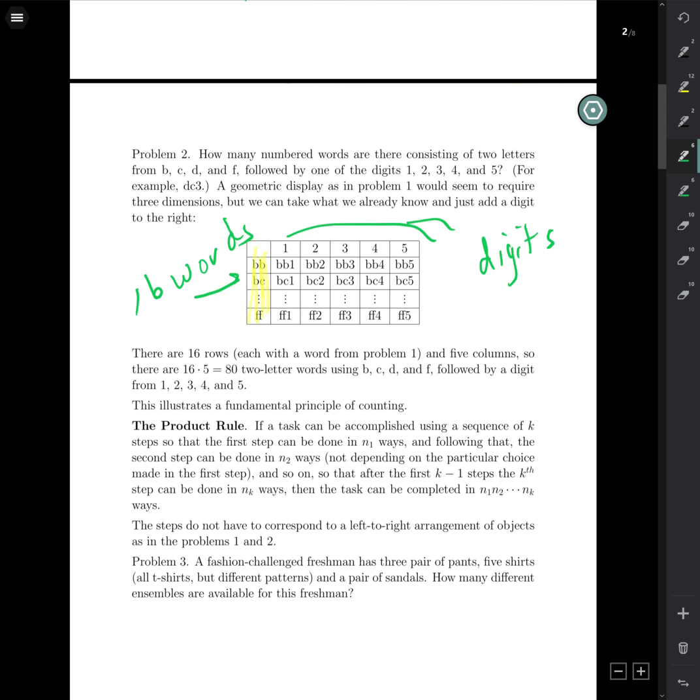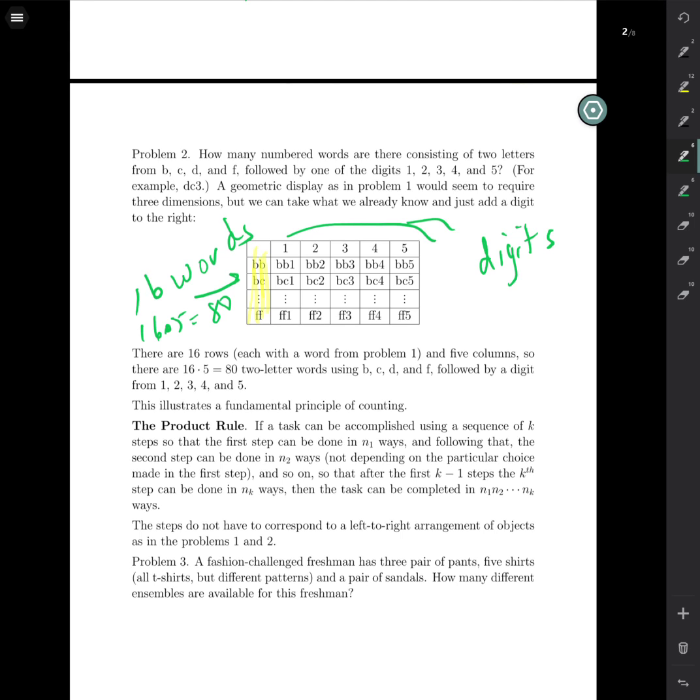So we have 16 rows and 5 columns, a 16 by 5 array, and therefore we have 16 times 5 equals 80 such words followed by a digit.